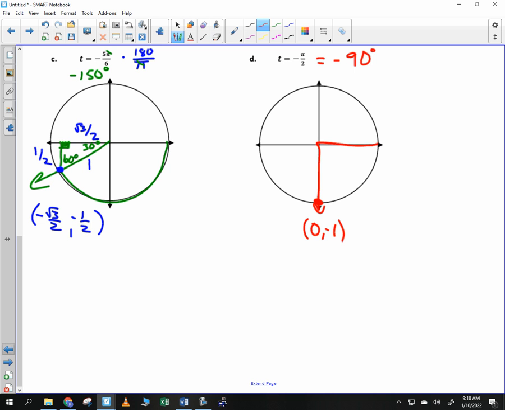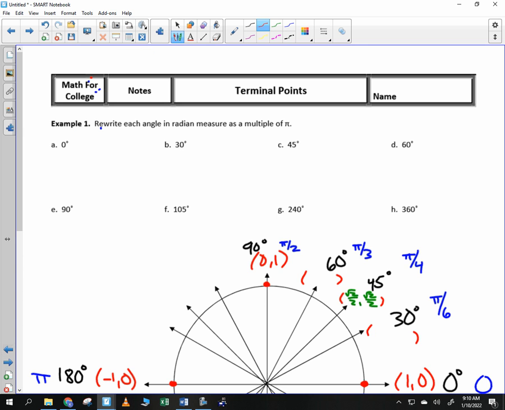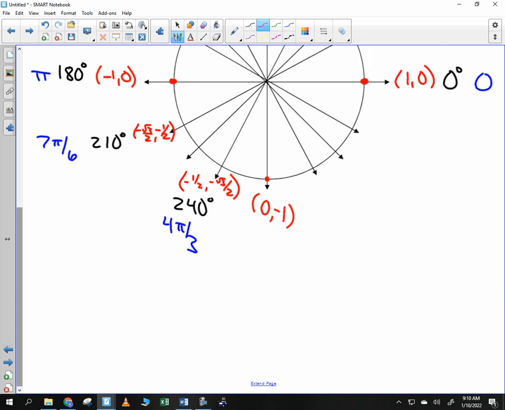If you end up on one of the axes, don't draw a triangle, just name the coordinate. That's all you have to do. So if we flip back to this spot here, notice that you end up at a location of 270 degrees, which is 3 pi over 2. Good work. Flip to your homework.